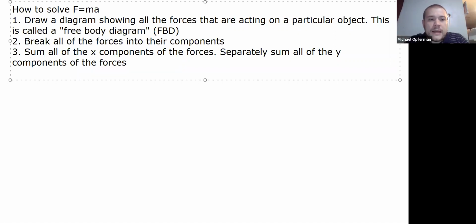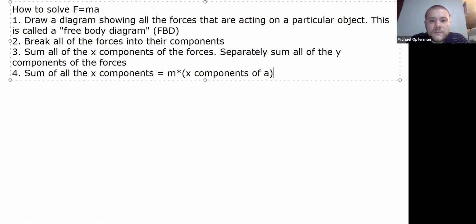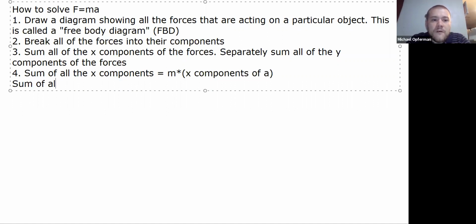And then lastly, the final punchline is that the sum of all the x components equals m times the x component of acceleration, and the sum of all the y components equals m times the y component of acceleration.